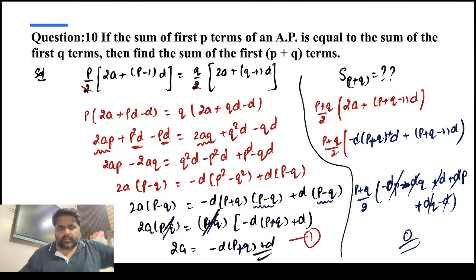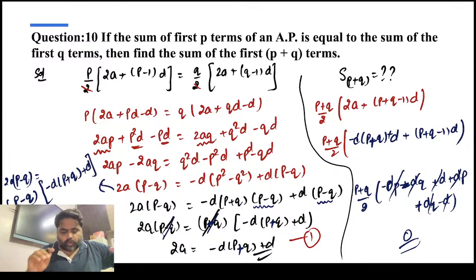Okay. If I do this thing again, this is by taking p minus q as common. When you take the common 2a(p minus q) from the right side, this is (p minus q) into minus d as it is, with p plus q inside plus d.